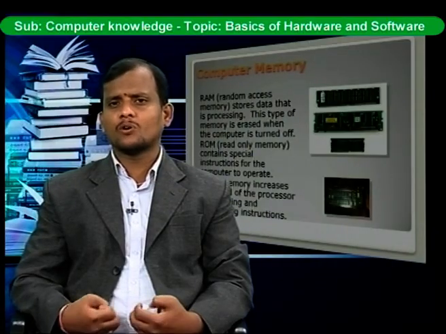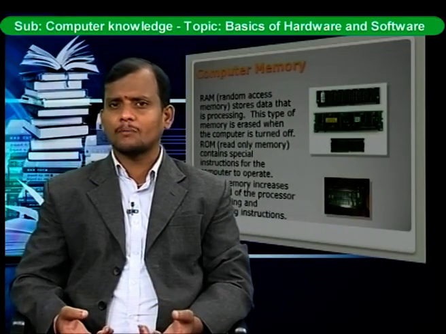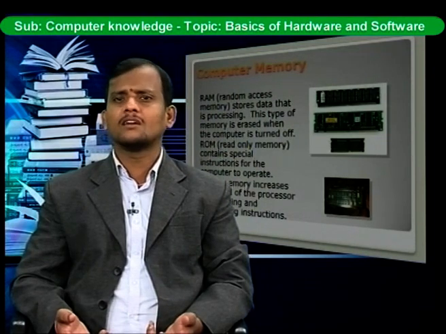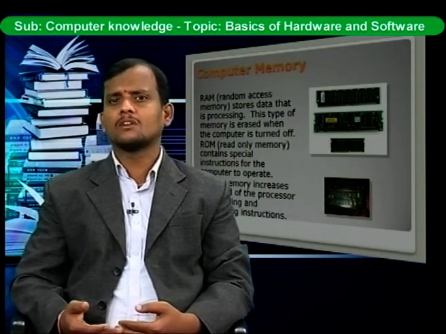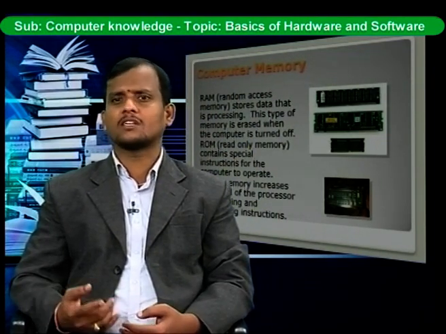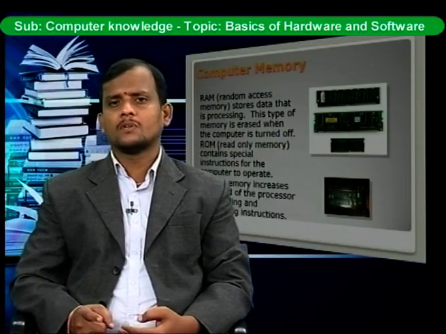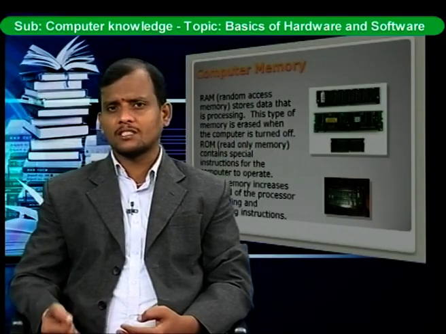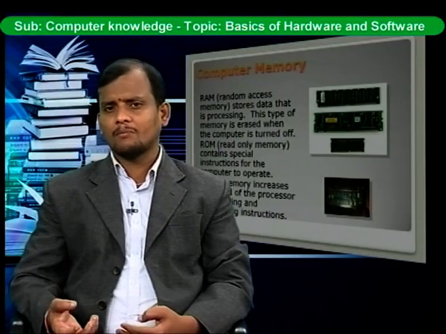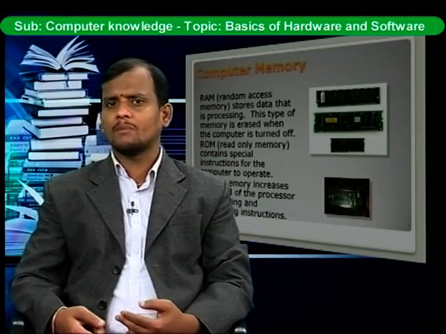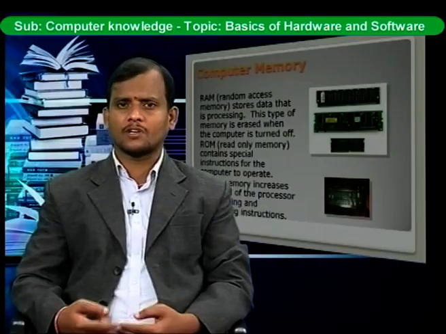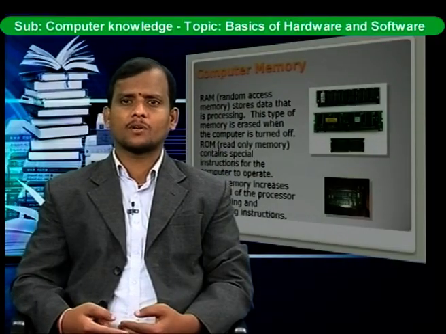Some temporary memory to hold and process those instructions. That is called RAM. So those instructions would be placed in the RAM, and from the RAM the computer will start processing them.